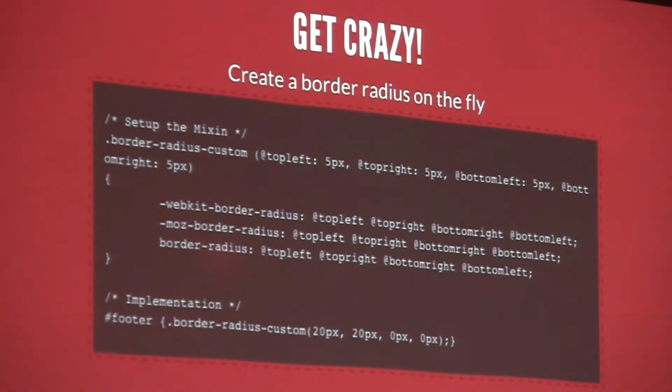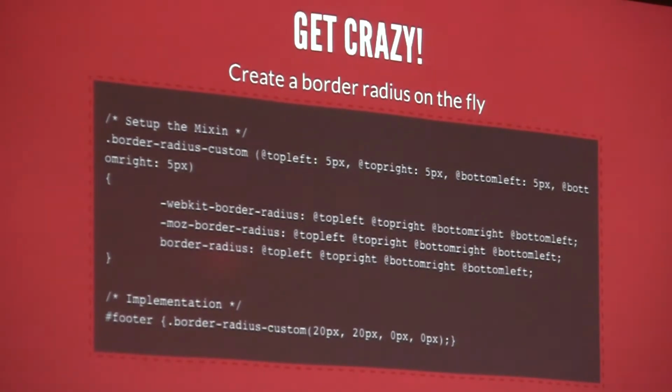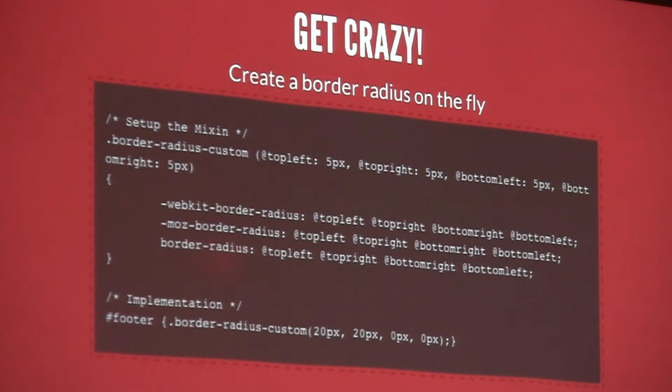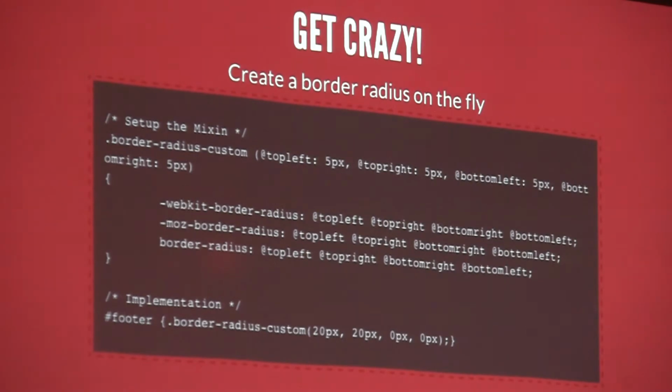So you can actually do mixins and variables as you're working through your CSS sheet. That allows you to keep one mixin all the way down, but you might have an area with a smaller or bigger radius, and you can change those as you work with the different elements.